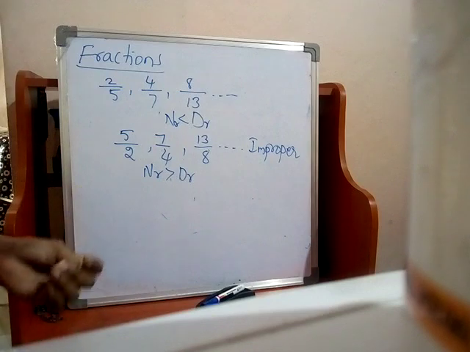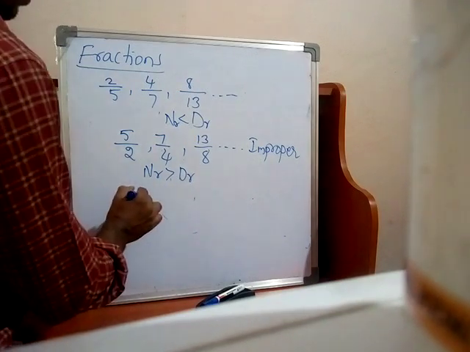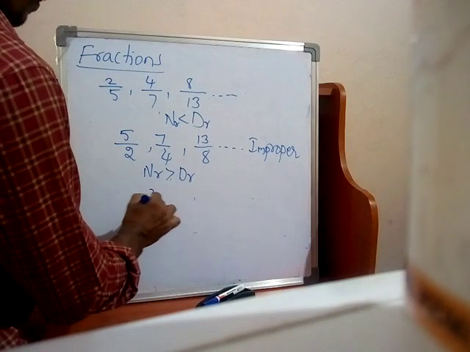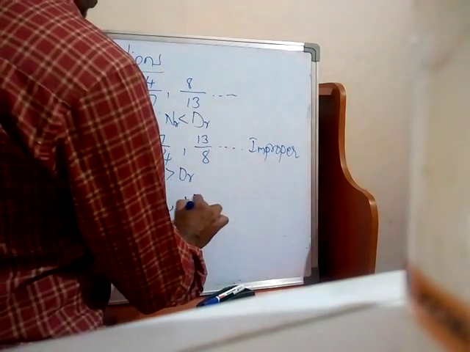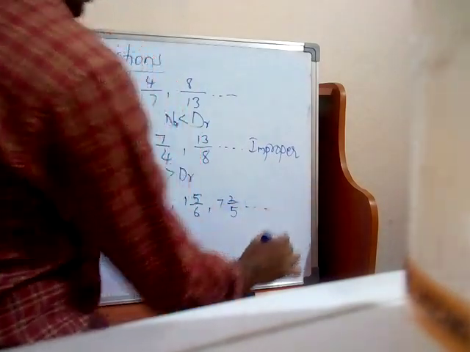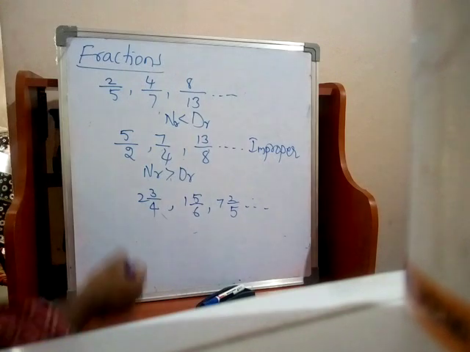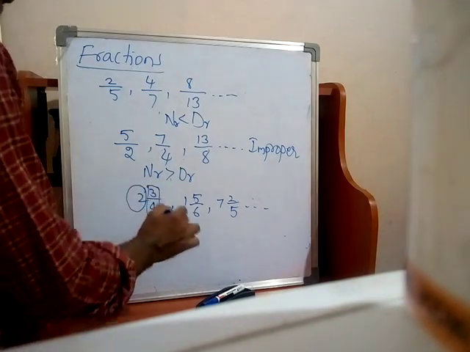What is a mixed fraction? A whole number together with a proper fraction. 2 3 by 4, 1 5 by 6, 7 2 by 5. These are mixed fractions.